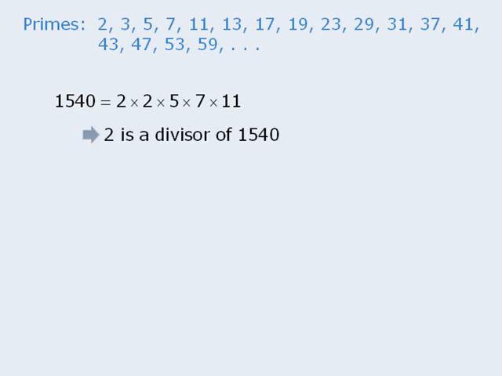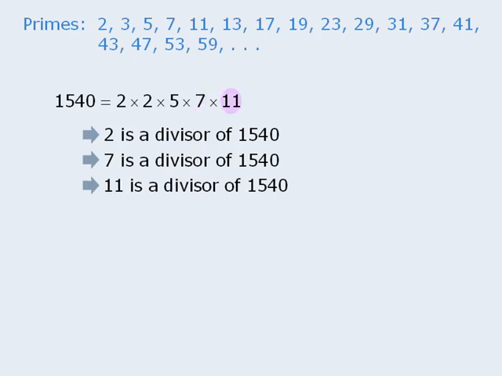From this, we can see that 2 must be a divisor of 1540. We know this because in the prime factorization of 1540, we have a 2. This tells us that 1540 is equal to 2 times some number, which means 2 must be a divisor. Similarly, we can see that 7 is a divisor of 1540, and 11 is a divisor as well.